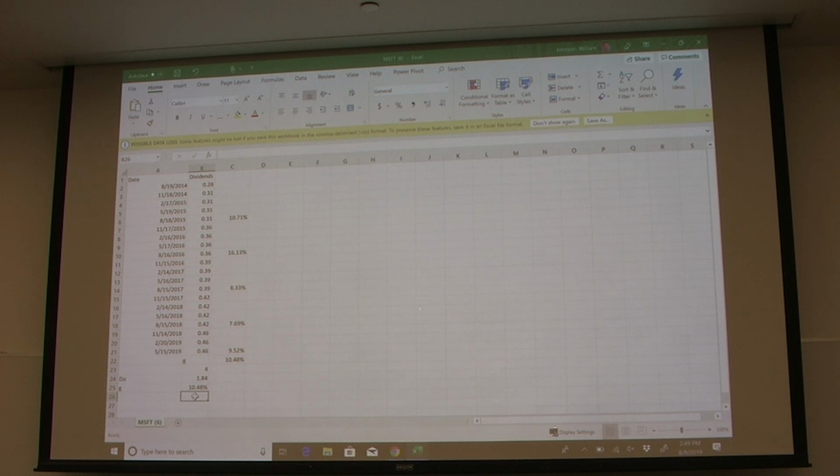Our past dividend of the last year, D sub 0, is $1.84, and we've estimated the growth rate for Microsoft to be 10.48%. So we simply estimate what our next dividend is going to be.